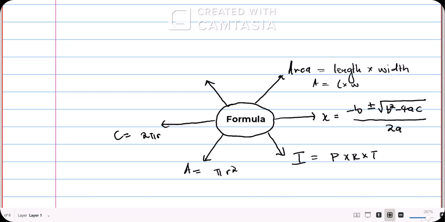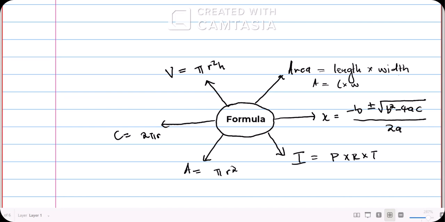If you want to find the value of the volume of a cylinder, V is equal to pi times r squared times h, which is the height. So these formulas, you will always find them in maths.